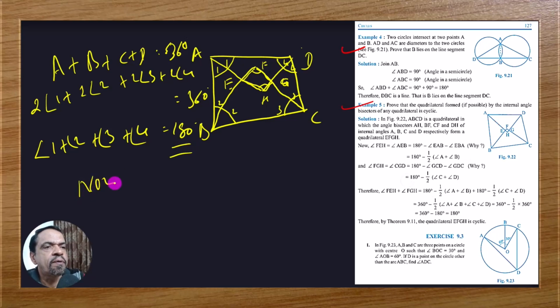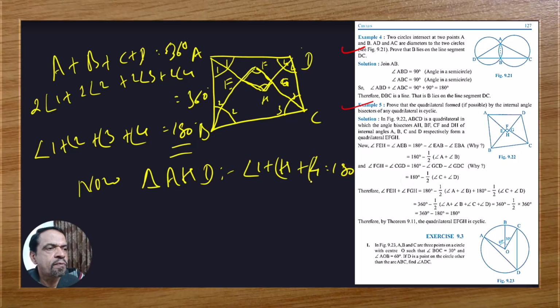Now, in triangle AHD, angle 1 plus angle H plus angle 4 is 180. Similarly, in triangle BFC, angle 2, 3 and F is 180.